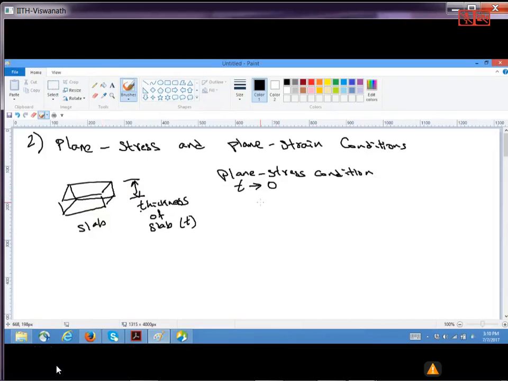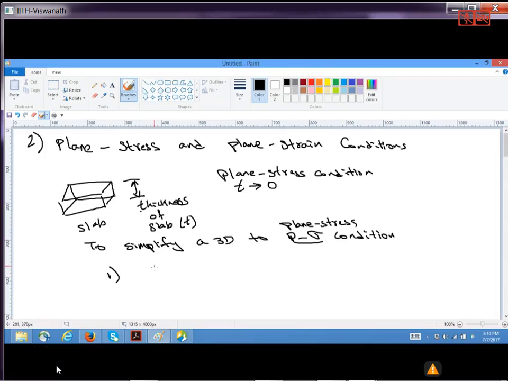By assuming the plane stress condition, not just by having t equal to 0, the following things one has to have to simplify a 3D problem to a plane stress condition.